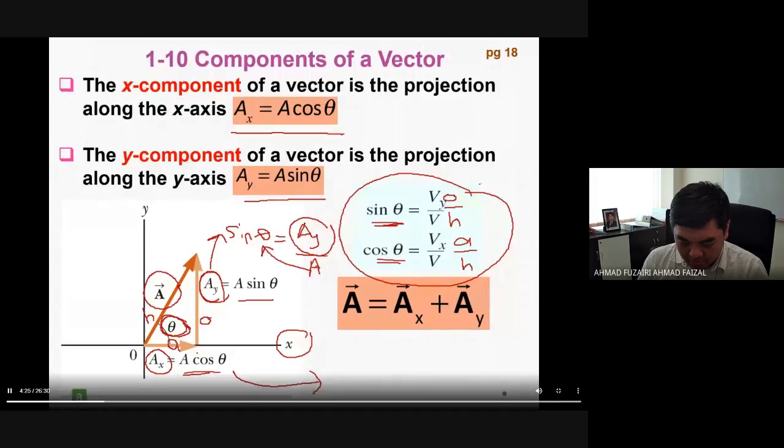Now you want to find AX. What is your AX?